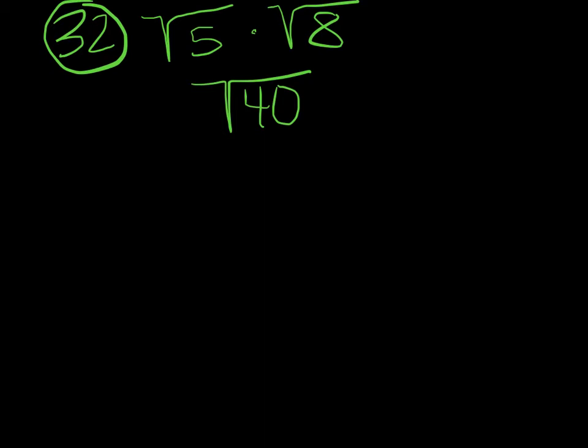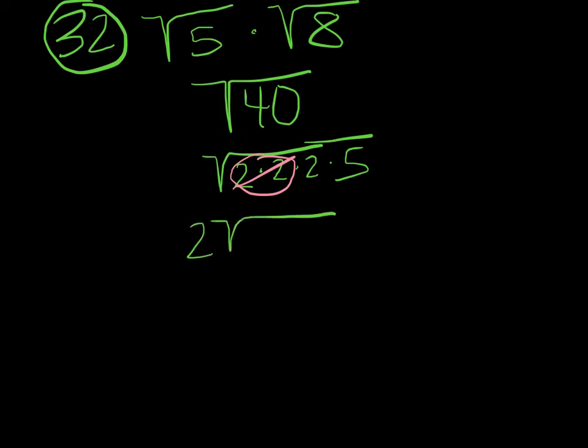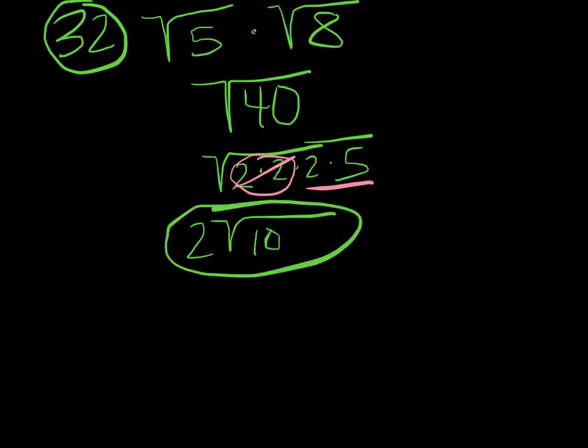Then you do want to simplify that, so I can factor 40 to 2 times 2 times 2 times 5. So I can cross out 2 2's and bring one out. So I've got 2 times the square root, and 2 times 5 is 10. So it's 2 times the square root of 10 is the answer to number 32.